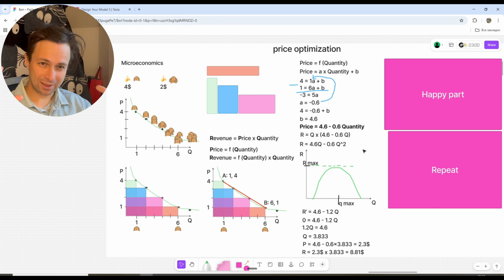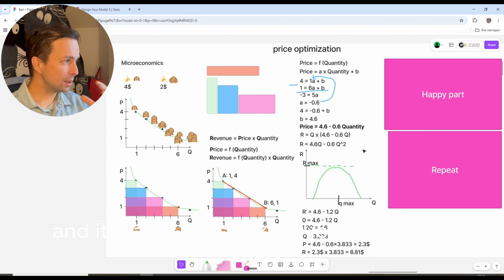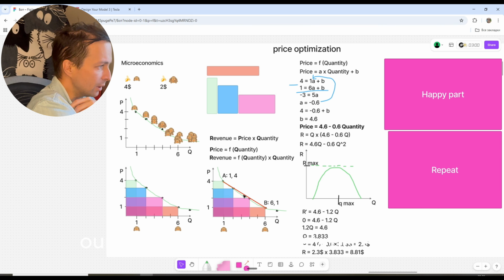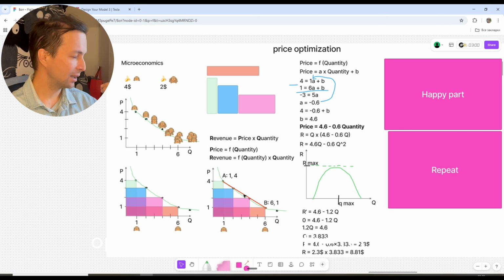And finally, we can find the revenue which we will get at this price. And this revenue will be $8.81. And it makes sense. If you look at the chart, our optimal dot is somewhere here, below the red line.